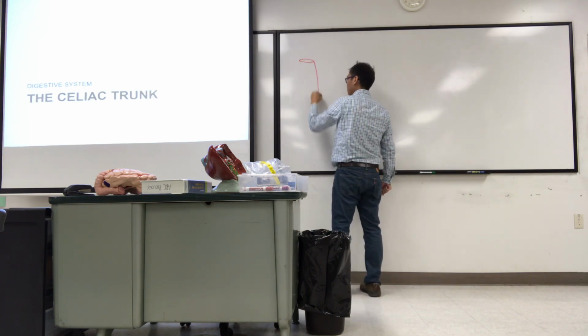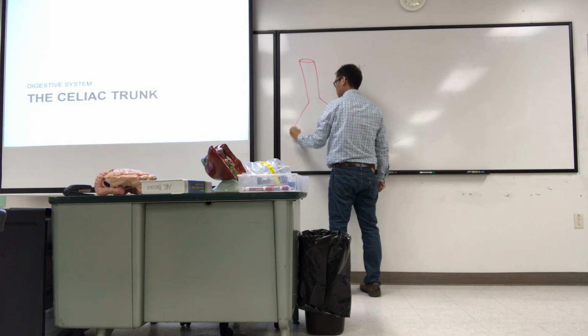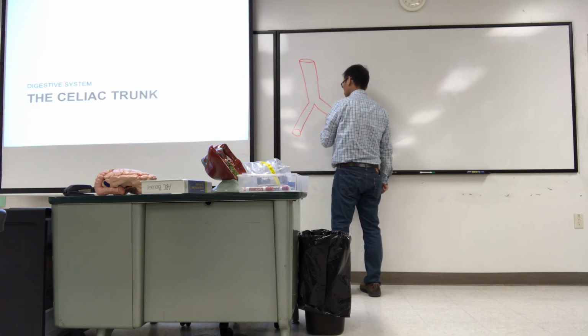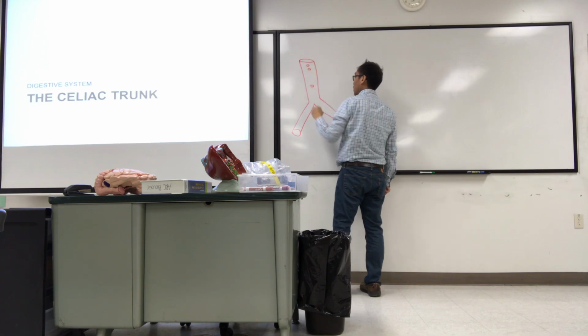Coming off the abdominal aorta, there are three main branches.